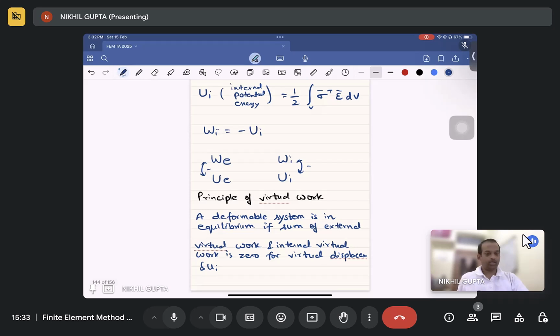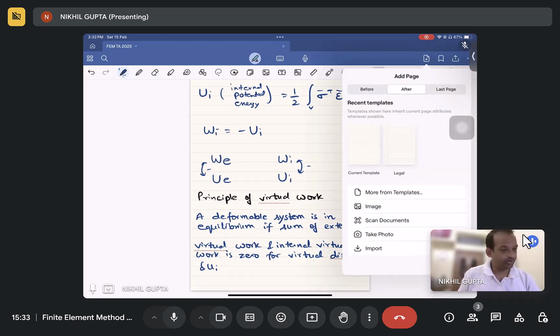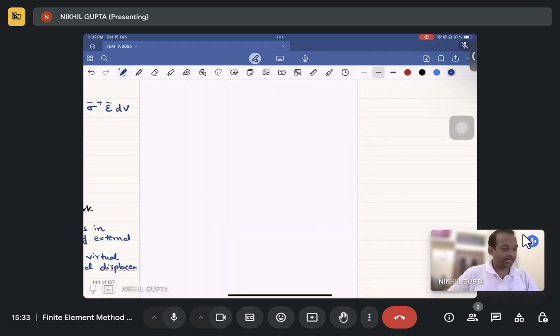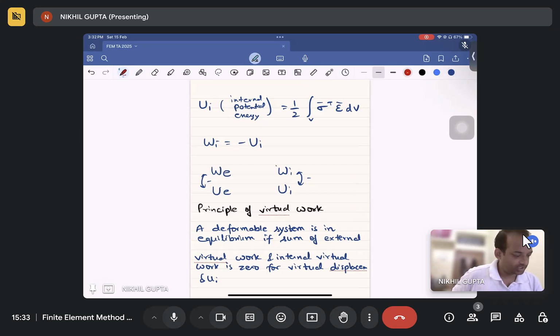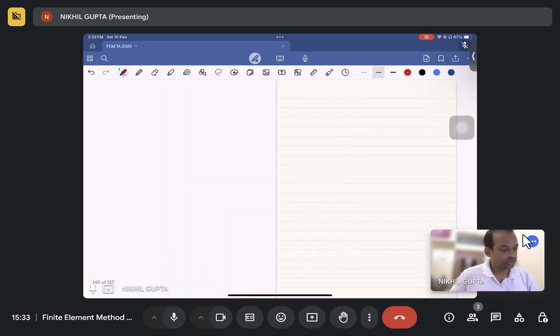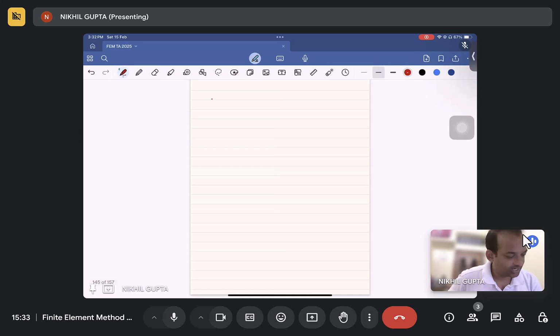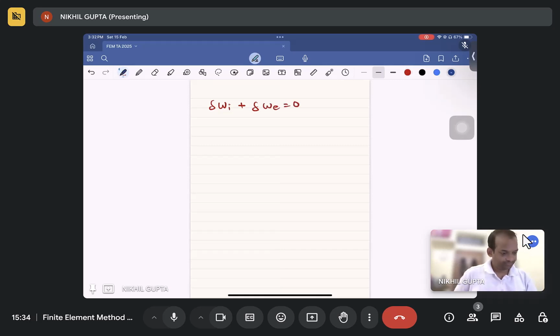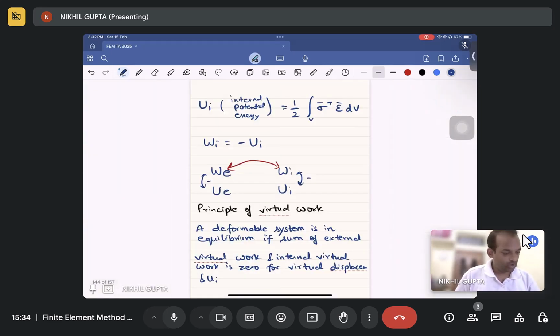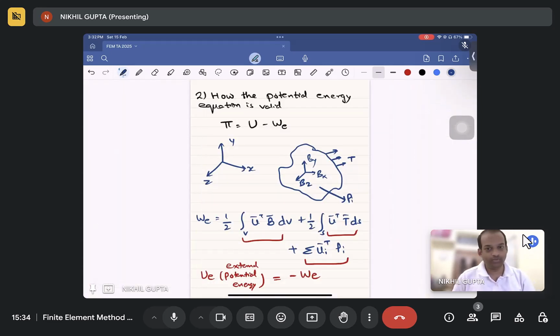So I hope you all are familiar with this principle. What it is saying is that it is a way to relate the internal and external work done. How is it related? It says delta of Wi plus delta of We equals 0. Now we have calculated delta Wi also, and we know the formula of We as well.